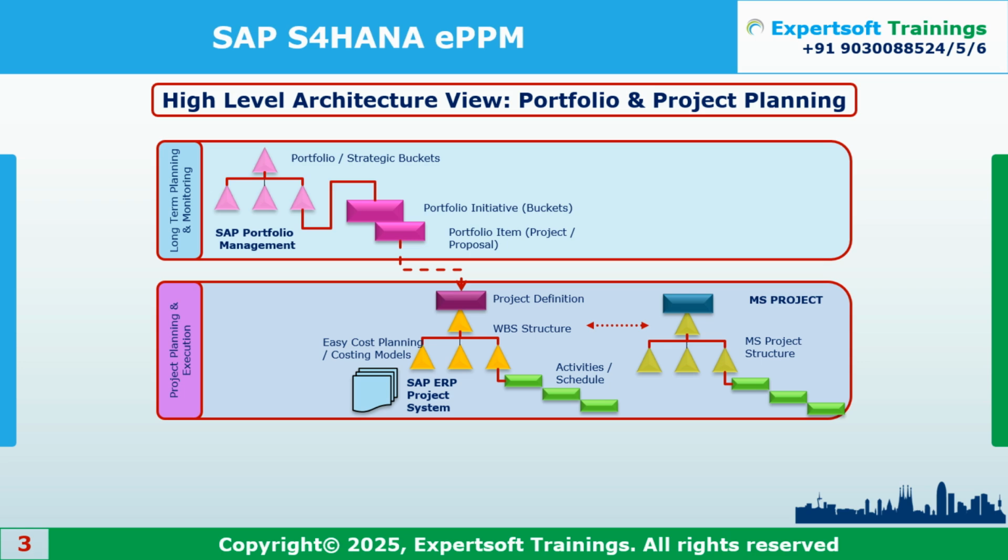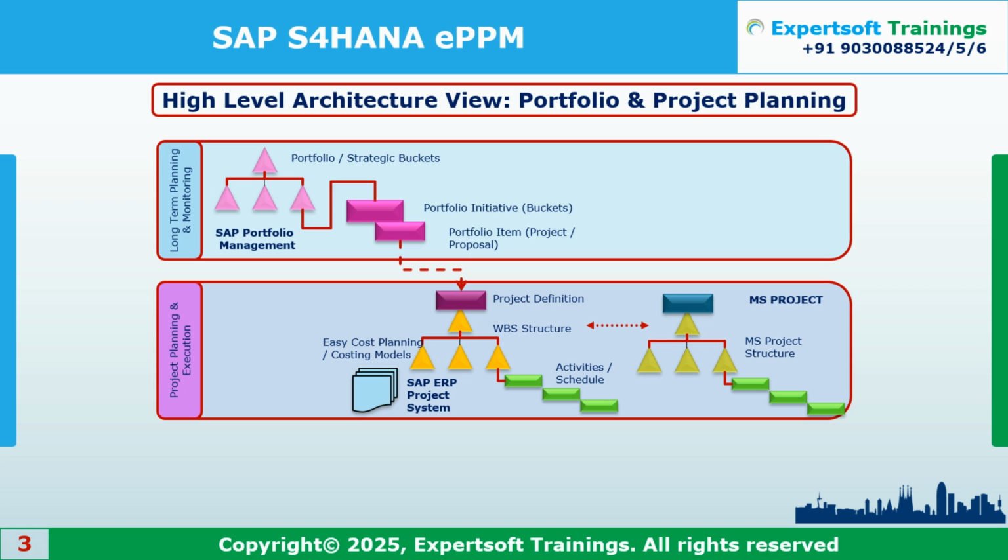So whenever I open one report on this bucket or this bucket, it will show me all the relevant projects in terms of planning as well as actuals. That's the reason, in one shot, in one dashboard, you will see what my plan is, what my actual is in terms of your financials, resources and schedules.